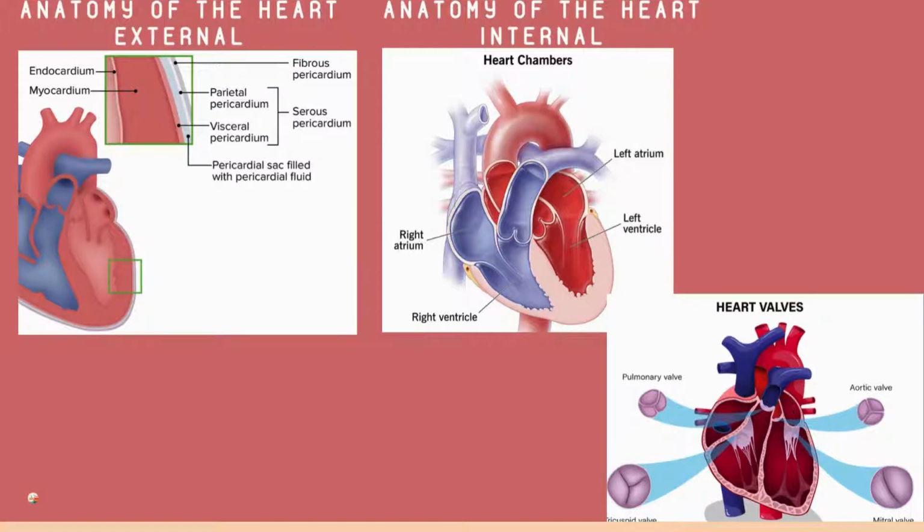As you can see, you have to focus on the picture. You can see the outermost layer, which is the fibrous layer, and beneath the fibrous layer there is the serous pericardium. So the outermost layer of the pericardium is the fibrous pericardium and the inner layer is the serous pericardium. These two layers make up the whole structure of the outer pericardium.